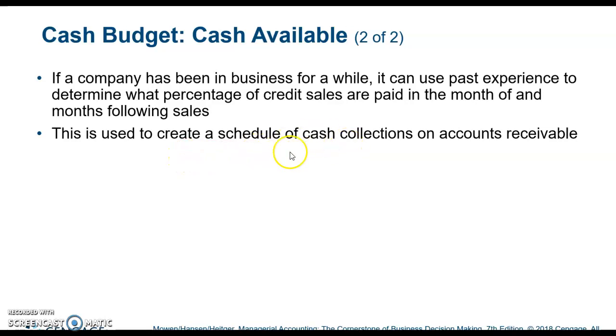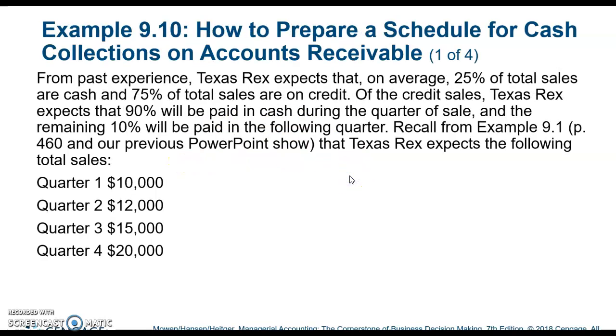Okay, and then we can create a schedule. So from past experience, Texas Rex expects that on average 25% of total sales are cash sales, and 75% of their sales are on account.